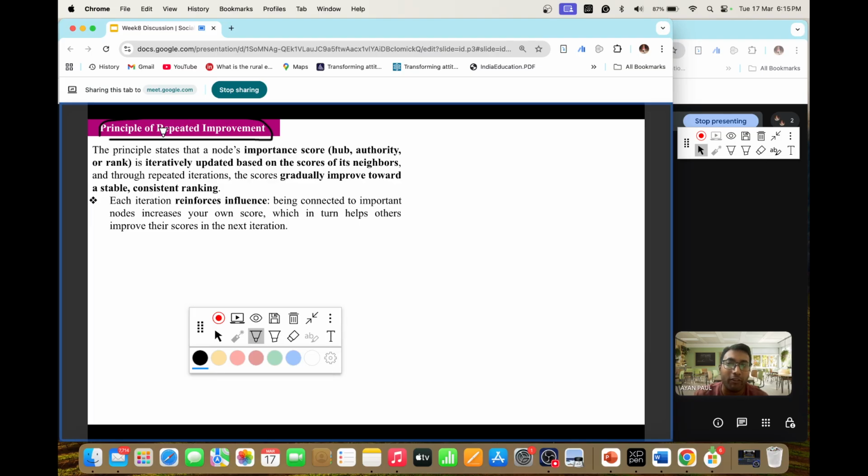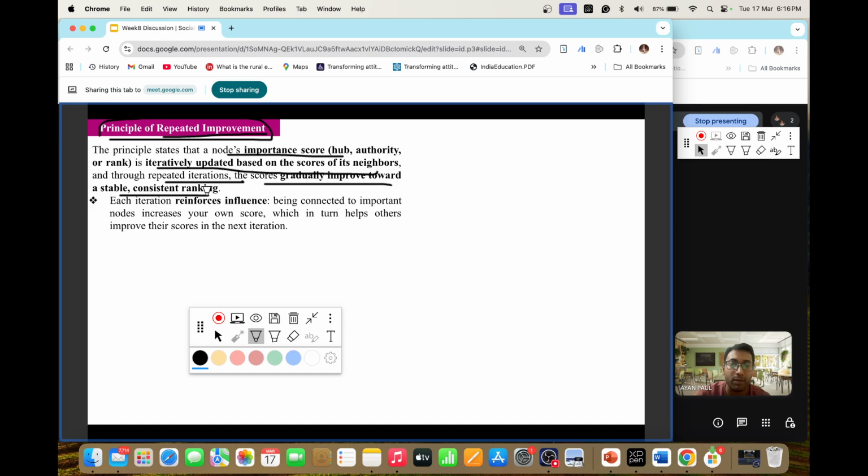This principle states that a node's importance score, that is hub, authority or rank, is iteratively updated based on the scores of its neighbors, and through repeated iteration the scores gradually improve towards a stable, consistent ranking.